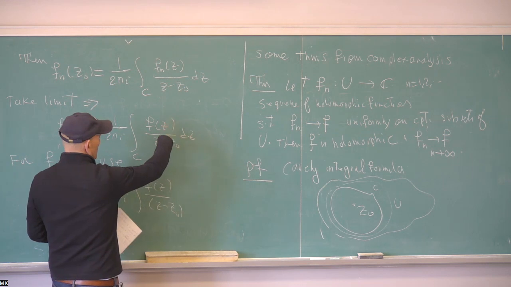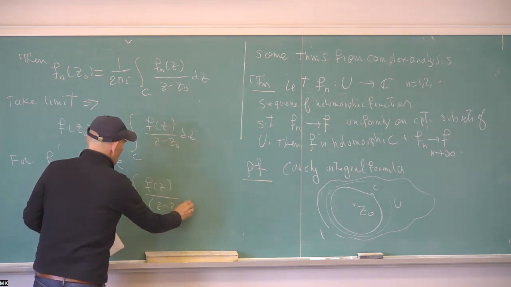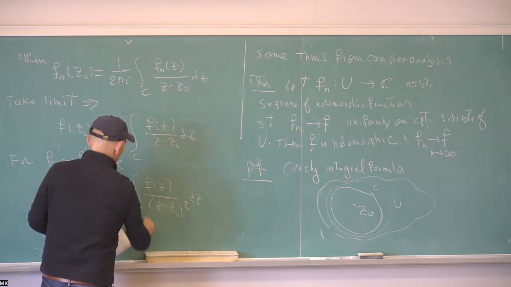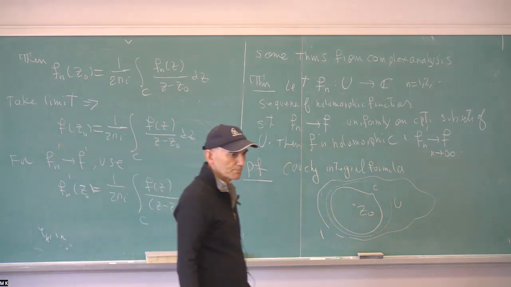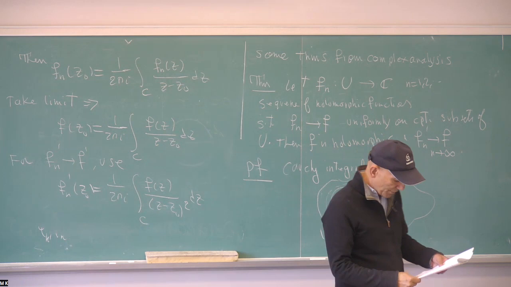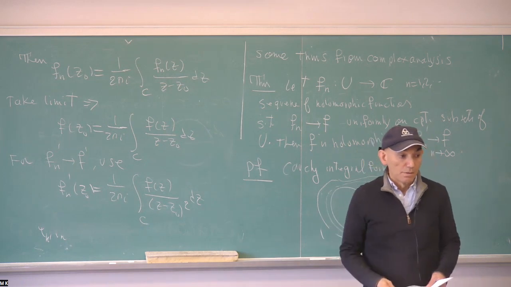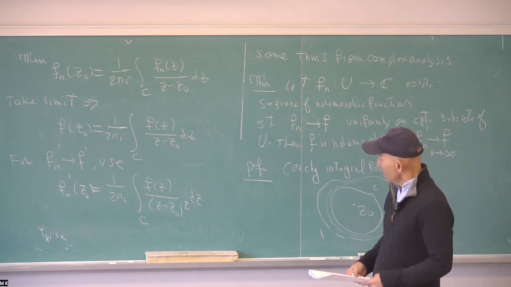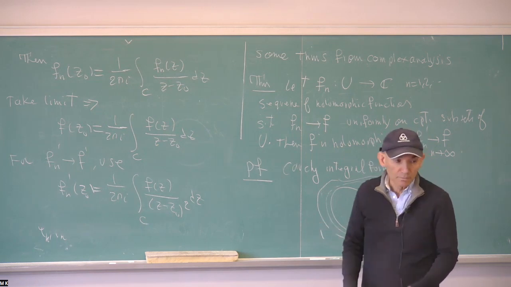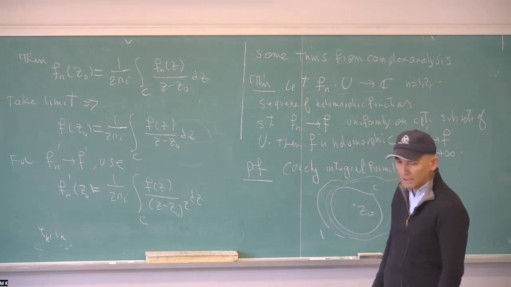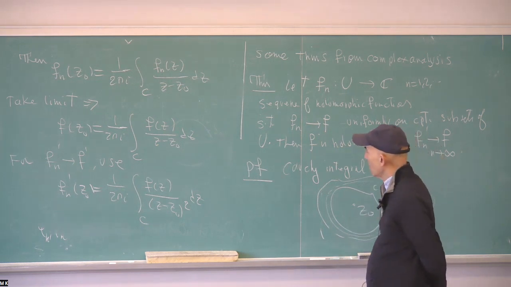Yeah, you can differentiate this here, with (z minus z0) squared in the denominator, dz over C. And then you use the same argument.